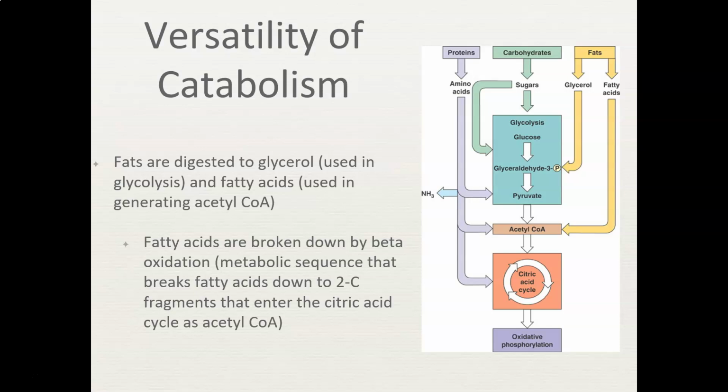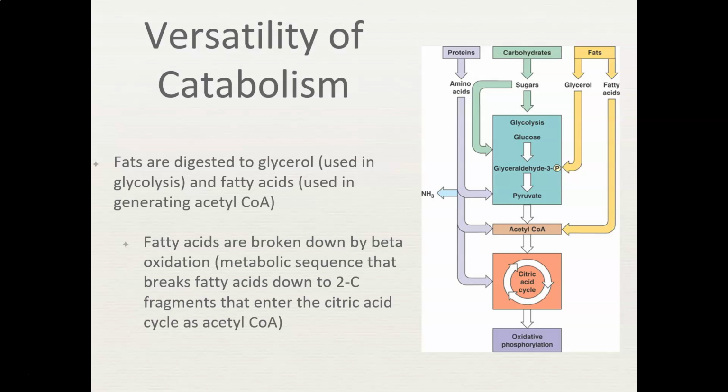Those fatty acids also have to be broken down by a process called beta oxidation. And what that really means is that we're taking those fatty acids and breaking them down into two-carbon fragments to make them into that acetyl-CoA by attaching those two-carbon fragments to coenzyme A. So here's where we can get a huge amount of energy out of fats because we can break down those really long fatty acid chains into two-carbon components.